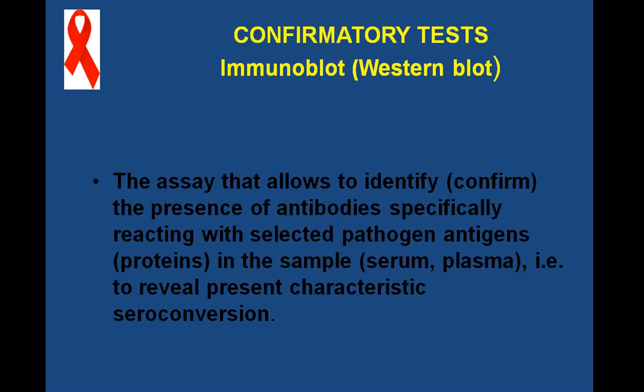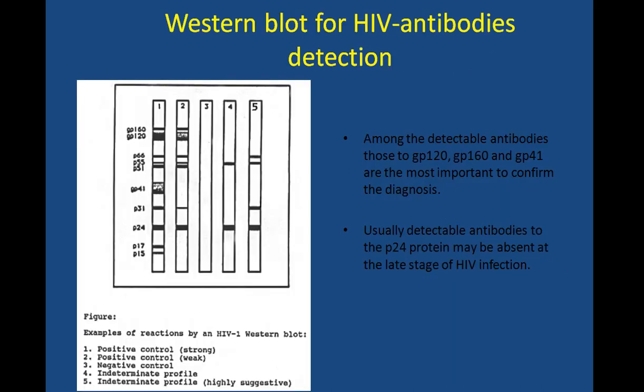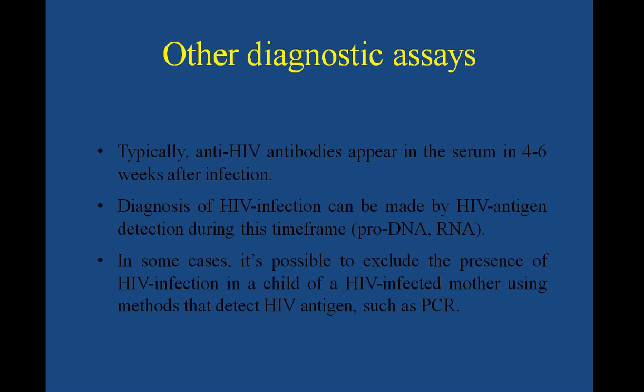Immunoblot allows us to identify and confirm the presence of antibodies specifically reacting with selected pathogen antigens, proteins in the sample, serum or plasma, and to reveal characteristic seroconversion. So we will use the Western blot for HIV antibody detection, and we also have other diagnostic assays.